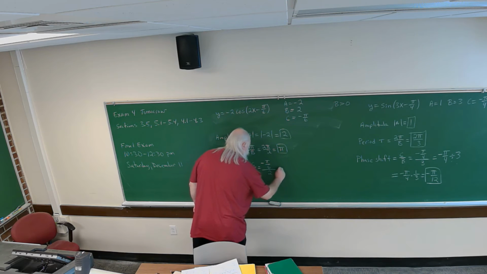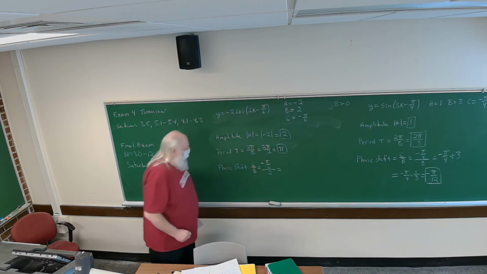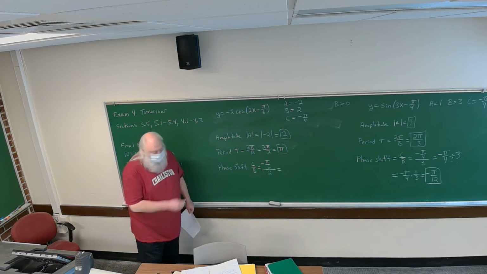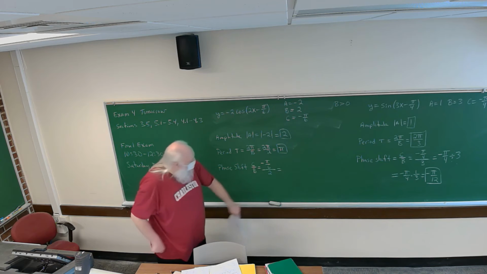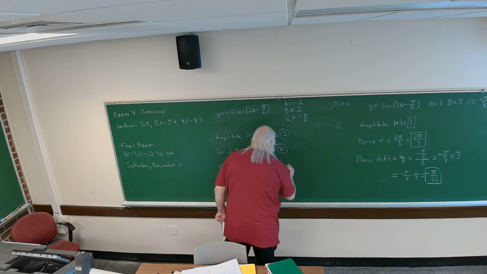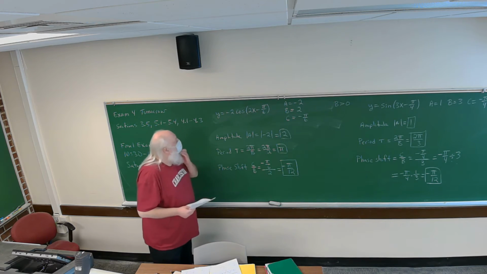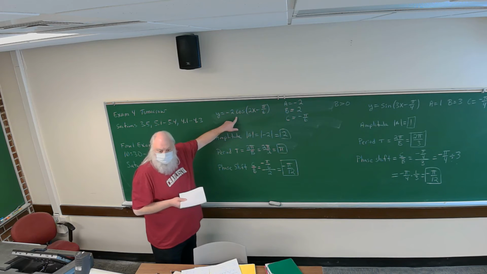B is equal to 2. And when you do the keep switch flip like we did in this example over here, you end up with minus pi over 12 radians.